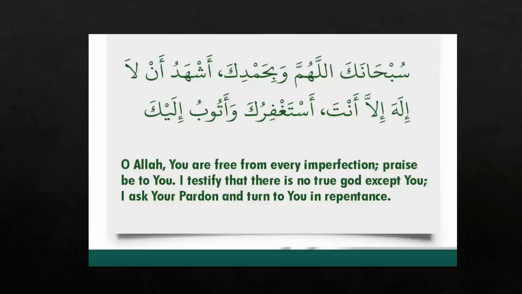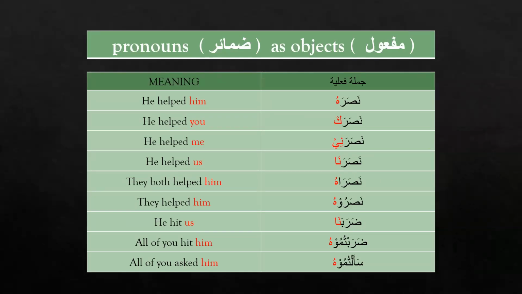So whenever you see in the Quran or in any Arabic book that attached pronouns are used, you will know that these are two words and this is not one word. Inshallah. So this is the attached form of huwa, nasarahu, he helped him.